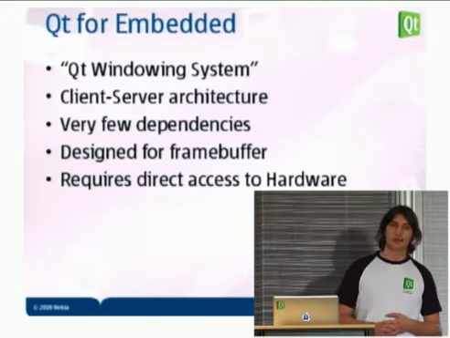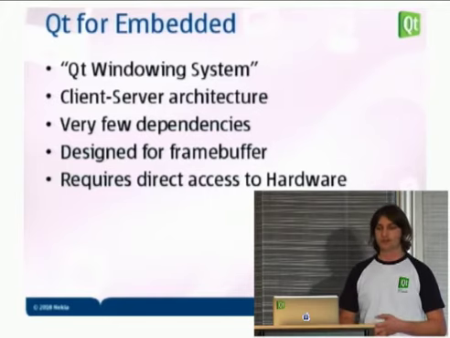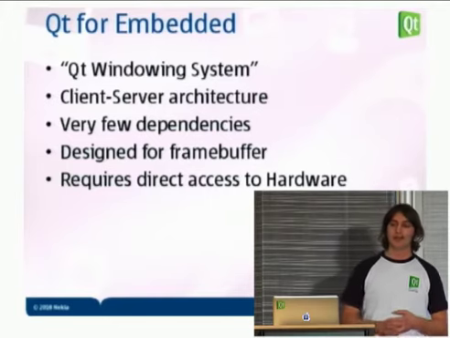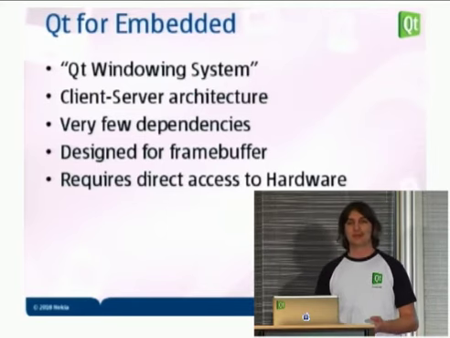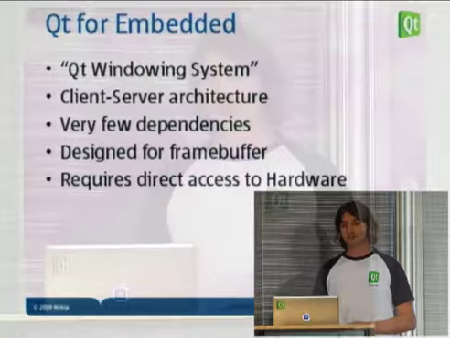It's a client-server architecture-based system. It has very few dependencies, so basically it's just libc, pthreads, and some math headers. If you have your cross-compile environment set up, usually it builds out of the box. And it was designed for frame buffers, so it usually requires direct hardware access.